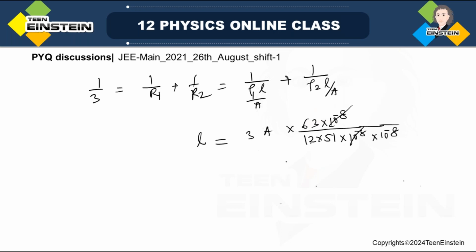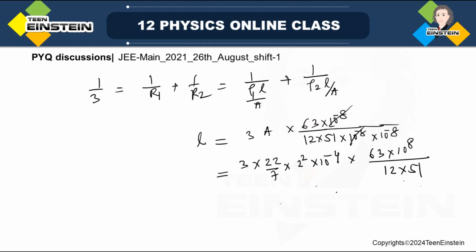So 1 can be cancelled. So pi d square, d square is 2 square into 10 to the power minus 4 again. So what you get here, 63 into 10 to the power 8 divided by 12, 15, like this.